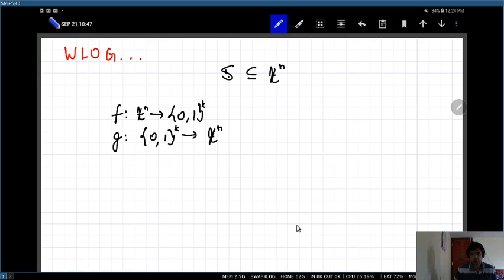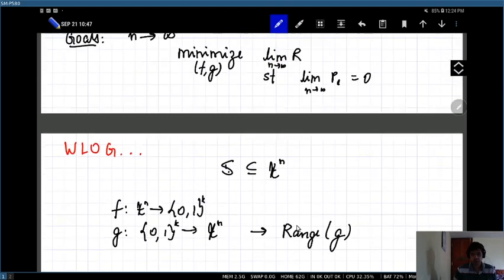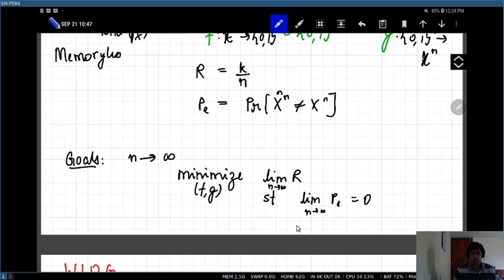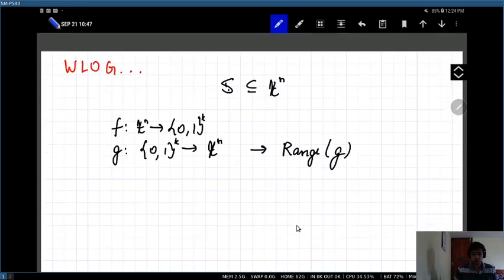You want to, after all, optimize over R, right? So G should be a one-to-one map, and in some sense, the performance of the compression algorithm depends on the range of G. Once you know the range of G, at least with respect to the probability of error and the rate, the performance doesn't vary.